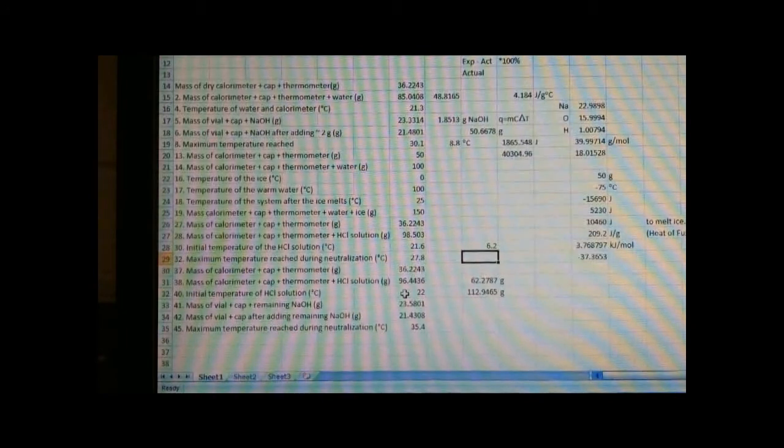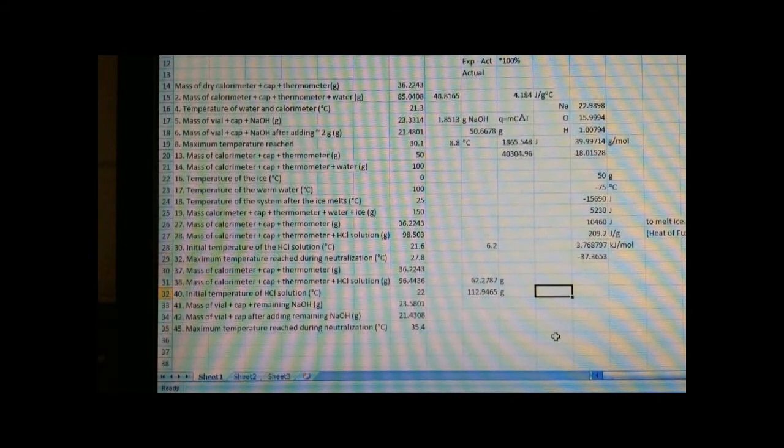The heat in joules gained, so it's going to be positive, by this solution. Okay, so heat, I need Q equals mc delta T. I just calculated the mass of that solution because this is for the solution, after I've combined them both together.